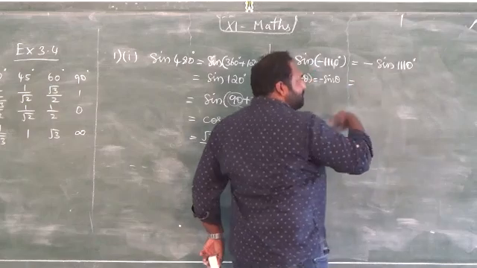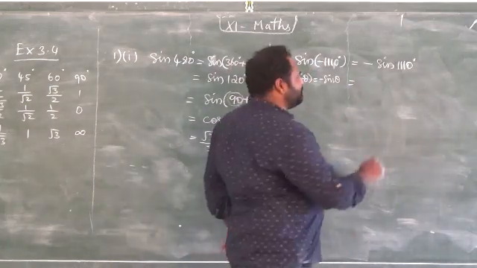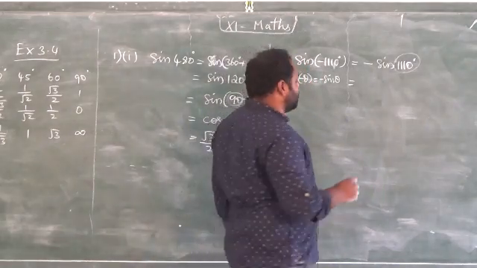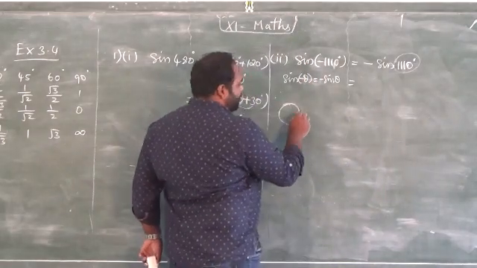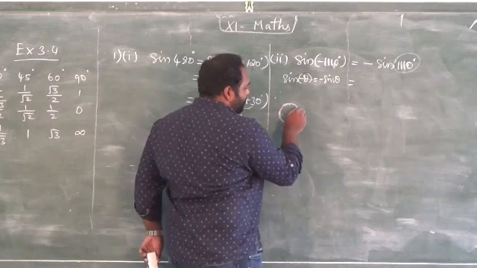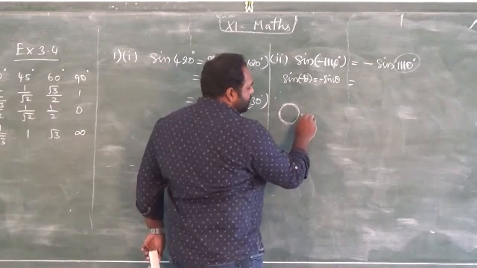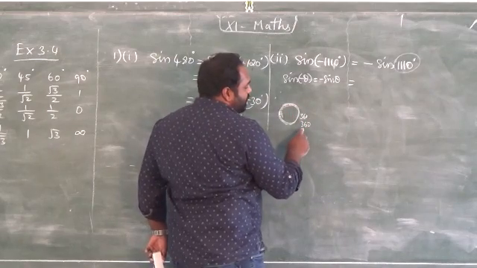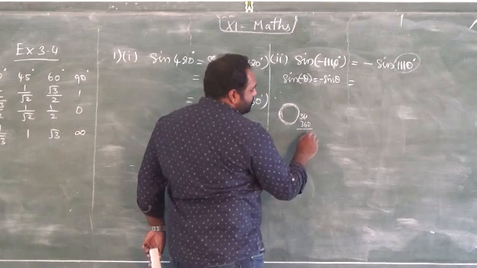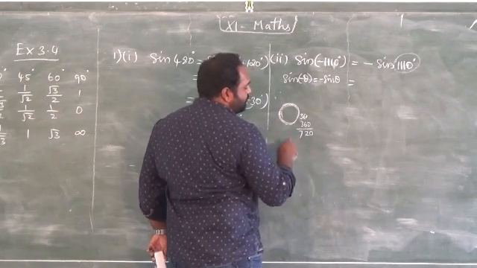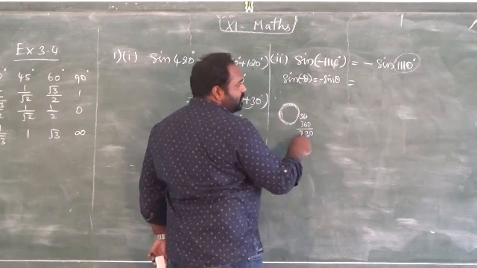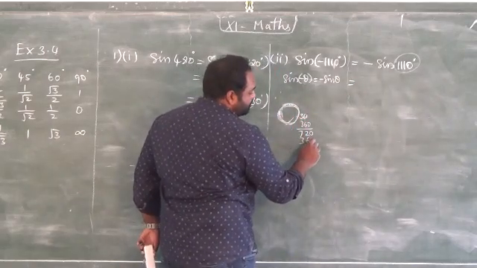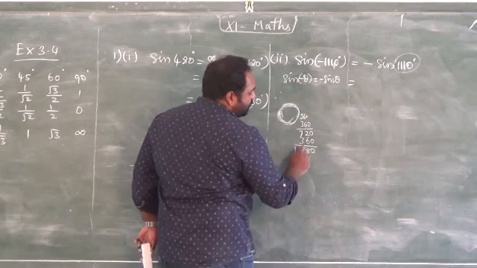After that we can go for the quadrant. We split this value because it is more than 90 degree and also more than 360 degree. One complete rotation is 360, then one more rotation is another 360, so 0 to 720. But it is more than 720, so you rotate once again, one more 360, it is 1080.